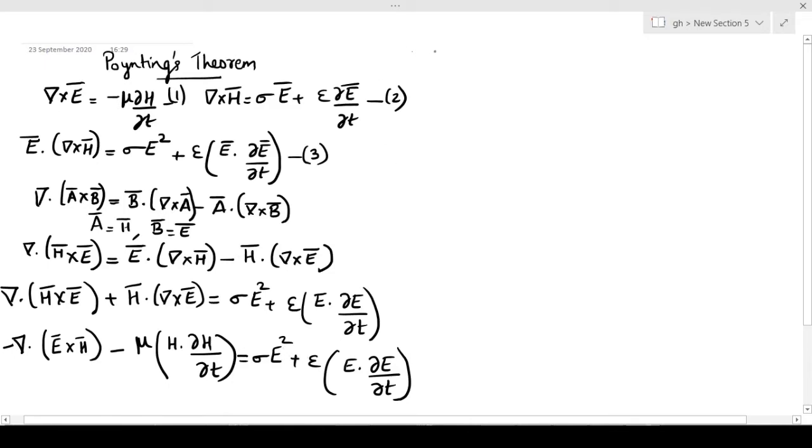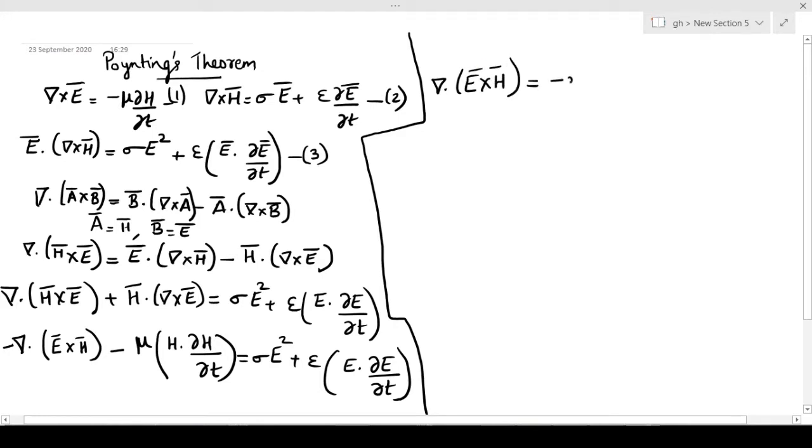On rearranging the terms, you get del dot (E cross H) is equal to minus sigma E square minus epsilon E dot ∂E/∂t minus mu H dot ∂H/∂t. So you got it like this. Let this be equation number 4.